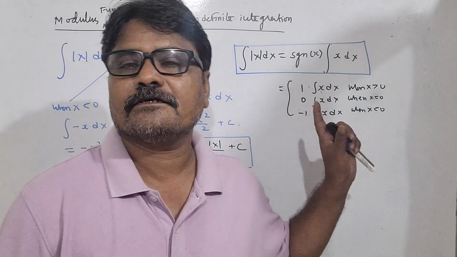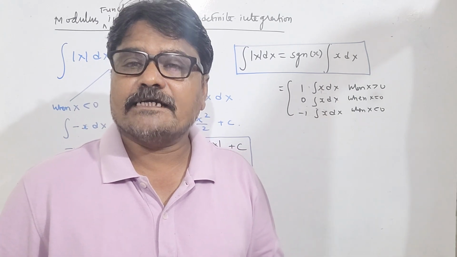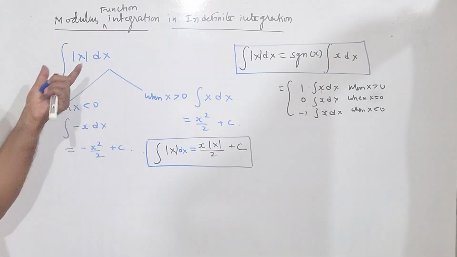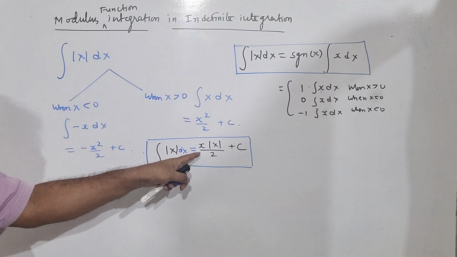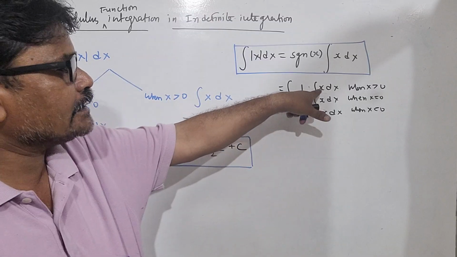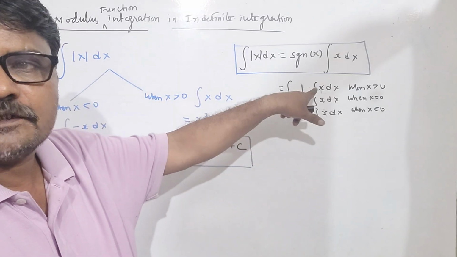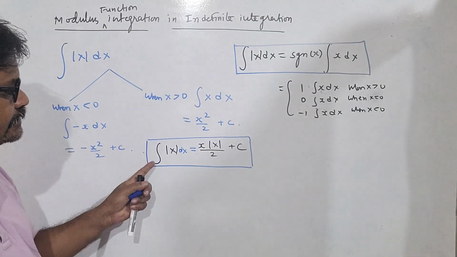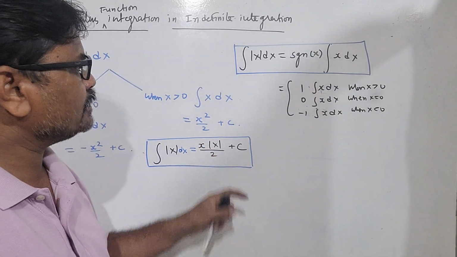Now this is the correct way, meaning I said earlier that while doing the indefinite integrations we will not at all consider this modulus sign, we will simply consider the positive x and we will integrate. So this answer here is x square by 2, here minus x square by 2, here 0, correct? So the indefinite integration of modulus of x dx is x into modulus of x divided by 2 plus c, one aspect.